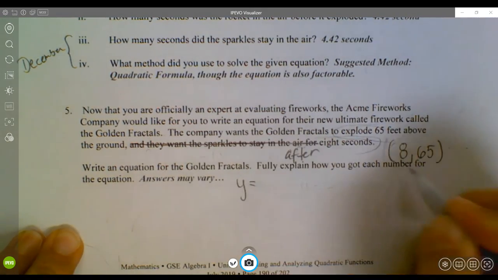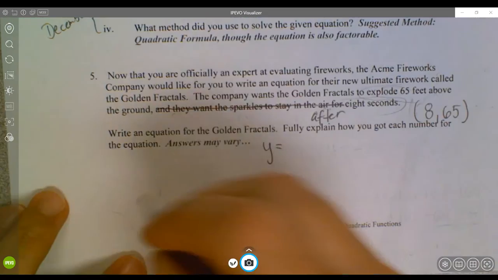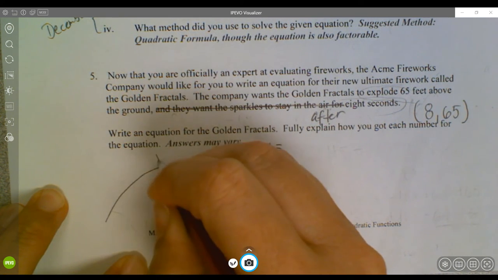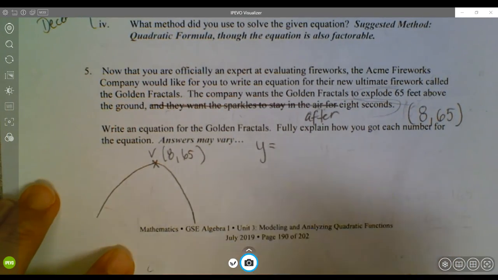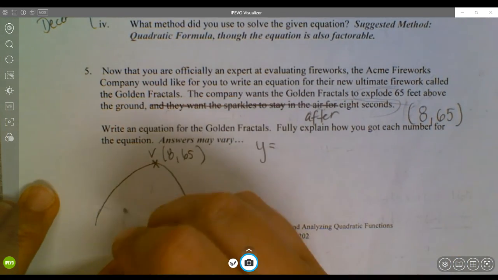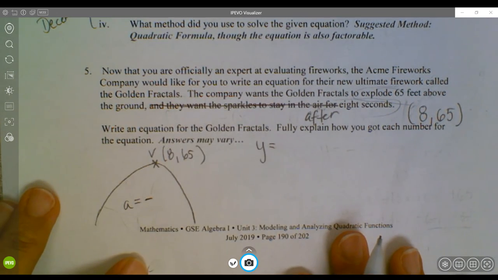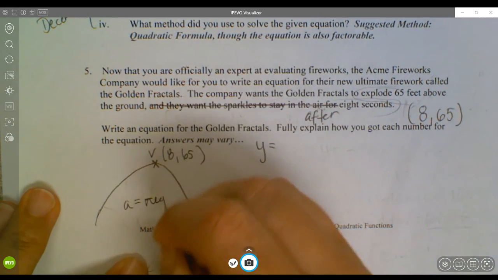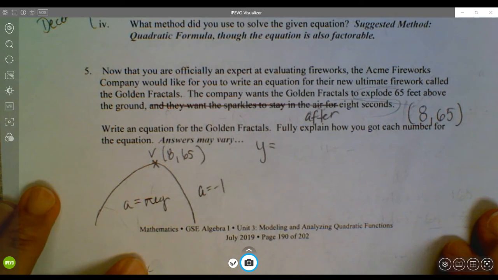So if I know the vertex and I know that this thing will, let's look at a picture. So this is going to shoot up and then explode after 8 seconds at 65 feet. And since I see that this is a parabola that's upside down, I know that A is negative. To make my life easier, I'm going to just use -1. Okay?